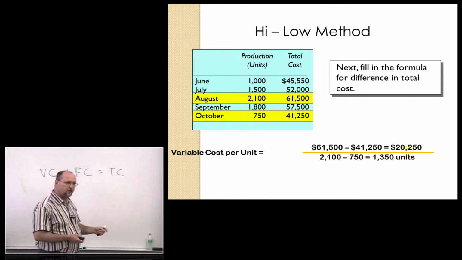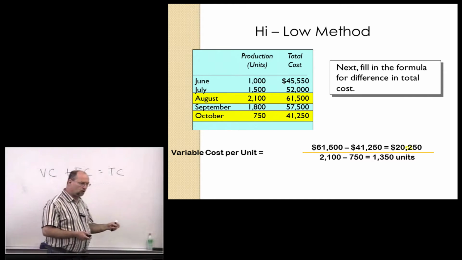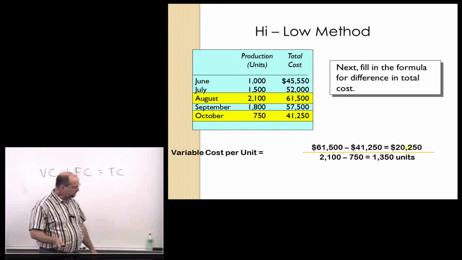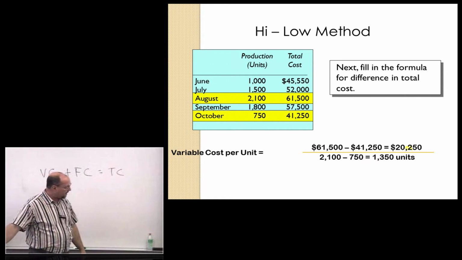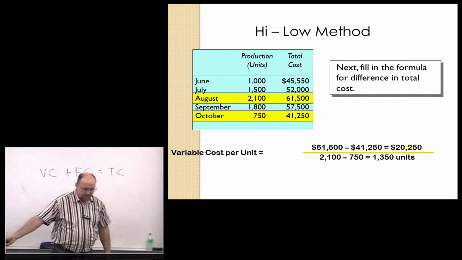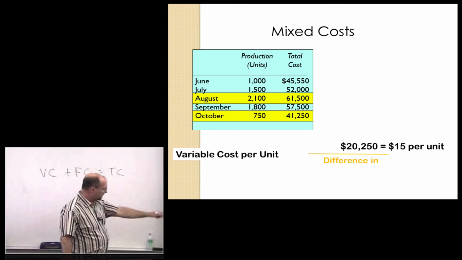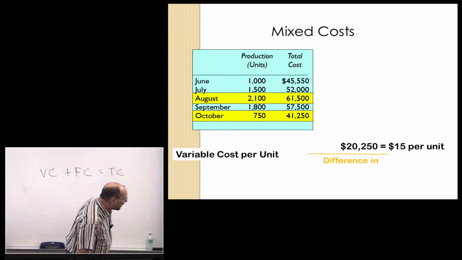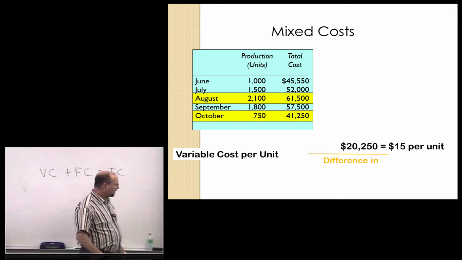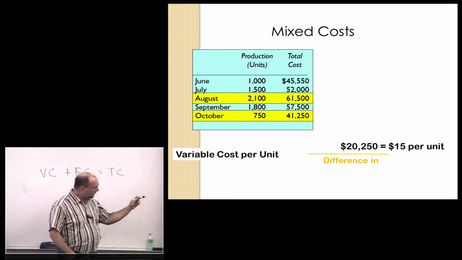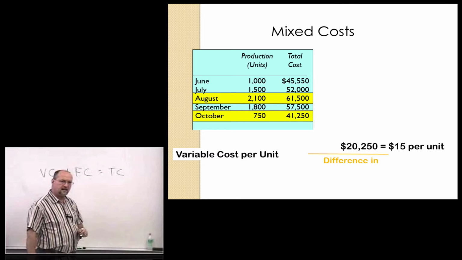If you refer back to your variable cost in total graph, it's a linear line going up. Therefore, we divide 20,250 by 1,350 units, and by the way, the denominator here says a difference in units. So 20,250 divided by 1,350 equals a variable cost per unit of $15 per unit.